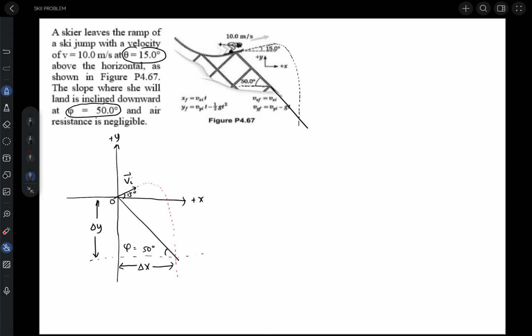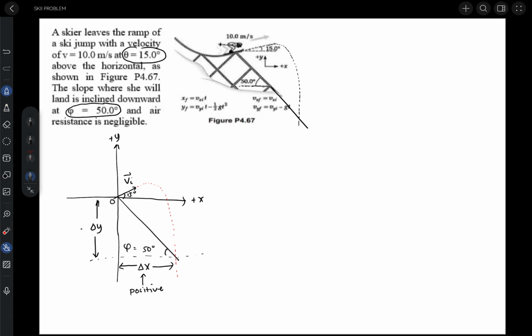Let's talk about the signs of these changes. For delta x, since the initial velocity is going towards the positive x direction, we know that delta x is positive.